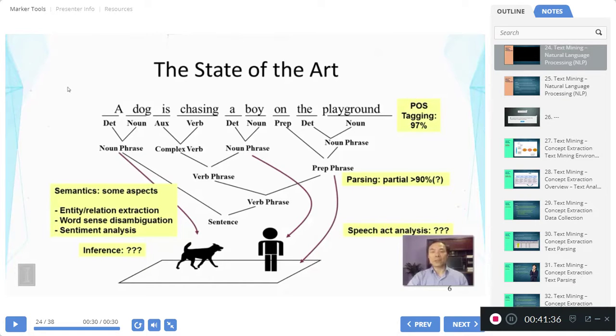Parsing would be more difficult, but for partial parsing, meaning to get, let's say, some phrases correct, we can probably achieve 90% or better accuracy. But to get the complete parse tree correctly is still very, very difficult. For semantic analysis, we can also do some aspects of semantic analysis, particularly extraction of entities and relations.